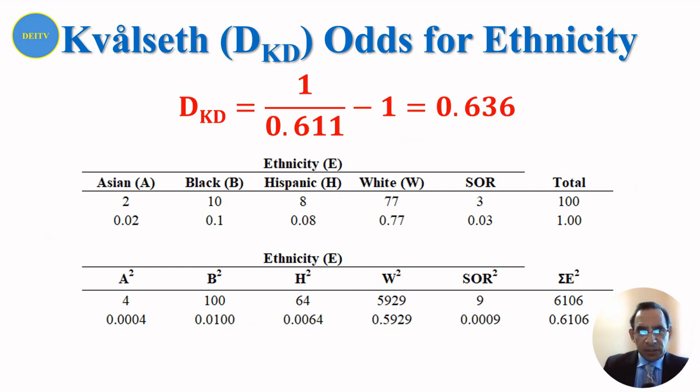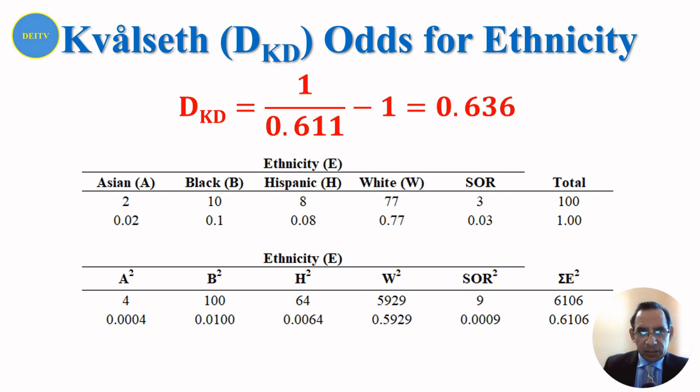As I stated, the Kvalseth odds index is based on the Simpson index, and it's again 1 divided by the sum of the percentages squared, minus 1. Recall that the Simpson concentration score is the sum of the probability or the percentages squared, and in this case it's 0.6106 or 0.611.